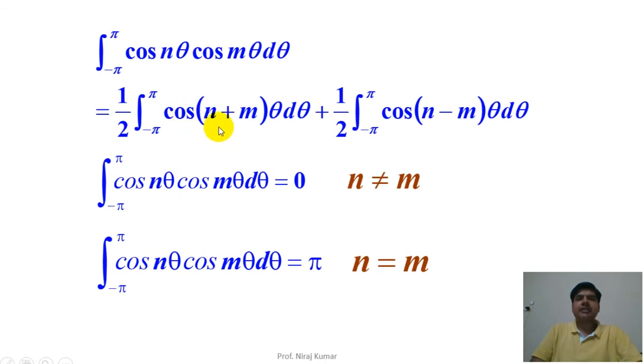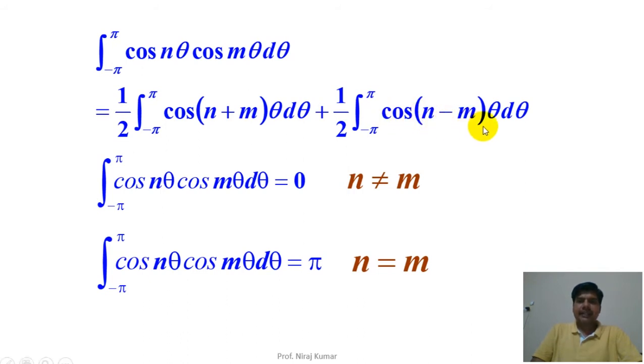Let's say it is cos theta d theta, then the integration will be sin theta. And since this is integrated from minus pi to pi, sin pi will be 0 and sin minus pi will also be 0. So the integration will be 0. So for any value of n and m, this function always gives 0. Similarly, this function will also give 0 for any value of n and m if n minus m is a positive or negative number.